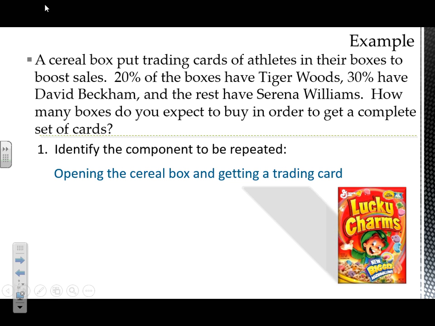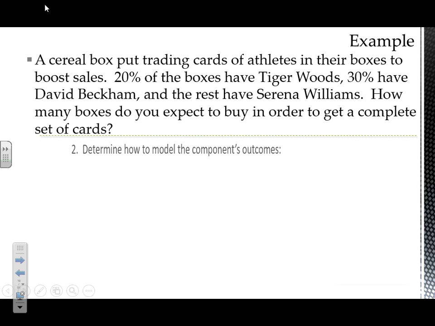So once we know what we're doing over and over again, we need to figure out how we want to assign digits to our components here. How are we going to decide what numbers represent what? So our next step, determine how to model. I know 20% of boxes should have Tiger Woods. I know 30% of boxes should have David Beckham. I know 50% of boxes should have Serena Williams.